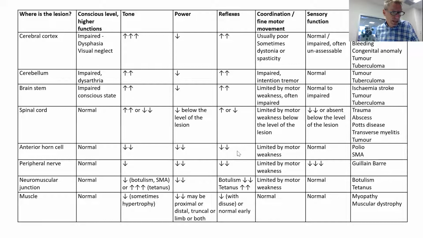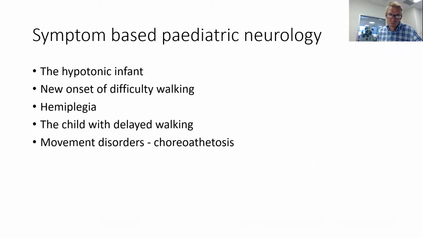So again, understanding the common neurological features of the conscious level, the power, the reflexes, the tone, and the coordination and the sensory function, you can get a good idea of where the lesion is, and therefore ultimately what the lesion is. So I'll send this table around. I think it's just useful to think in these terms when you're doing a neurological examination of a child. We can discuss this table at the end if you like.